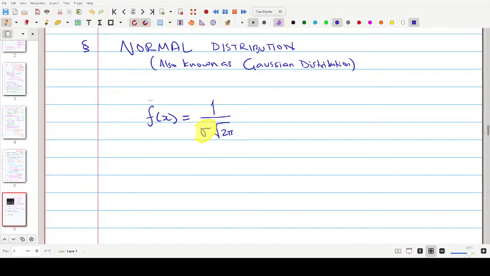Pi is a constant, 3.14, and e is 2.71828, and so on. So e is a constant raised to the power of negative. It's very complicated.